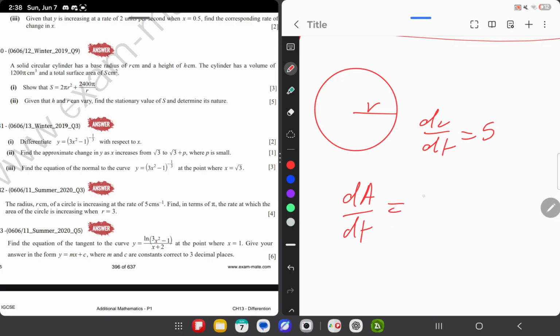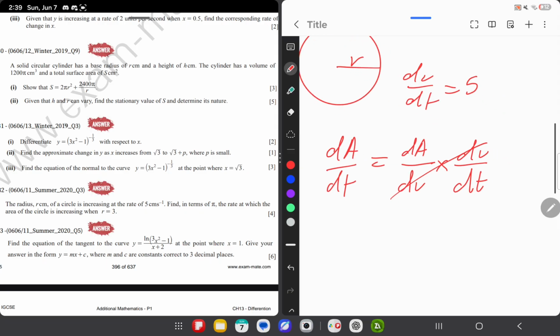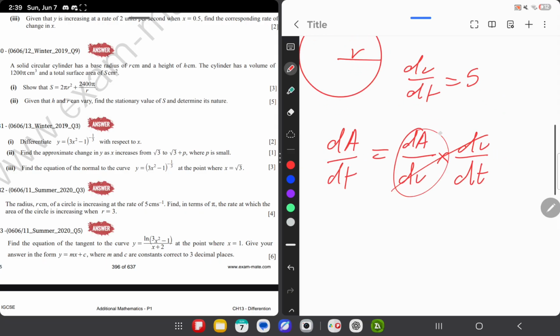We know the rate at which the area increases with respect to r, and you multiply this by the rate at which the radius increases with respect to time. Doing this, the dr's cancel out, and what do you get? Now, this is a fraction.